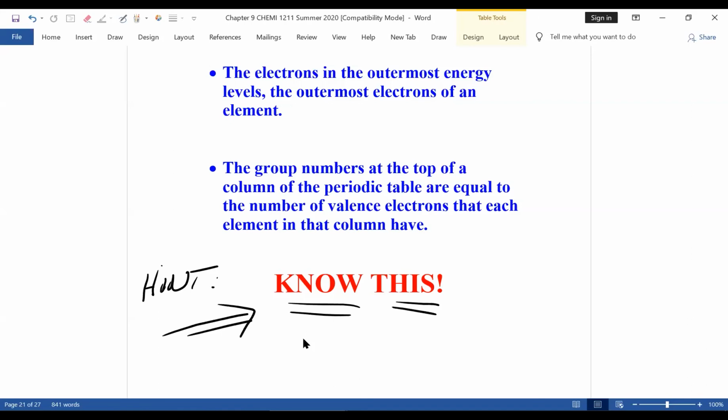So you should know that the valence electrons are the outermost electrons. And these are the electrons that are involved in chemical reactions, making new molecules. That's why I'm not asking you to learn all the rules for the electron configuration for other elements, because valence electrons are more important.